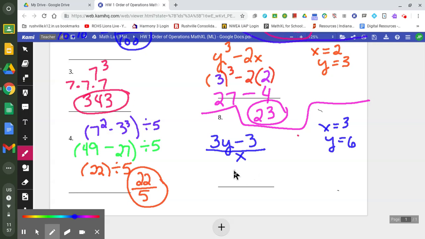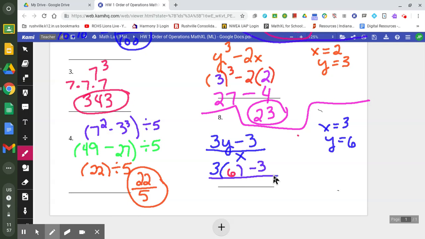And the last one, 3y minus 3 over x. And my x will be replaced with a 3. My y will be replaced with a 6. So I've got that 3. And instead of the y, I will put a 6 minus 3 over, and then instead of the x, we have a 3.